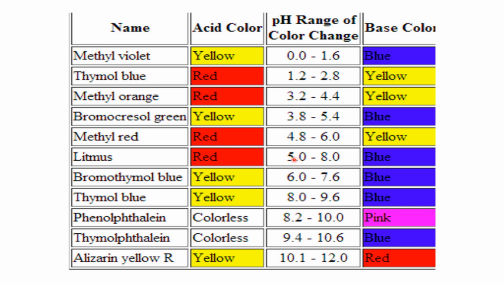If it is below 5, it will be an acidic reaction on the litmus paper, so blue to red. And if it is above 8, it is obviously basic, red to blue. But somewhere in between this pH range, it is difficult to see the color change.